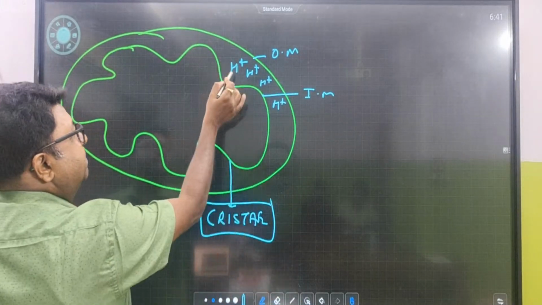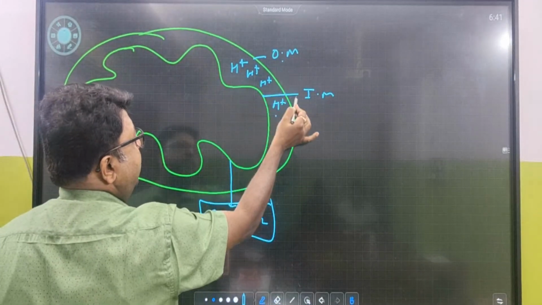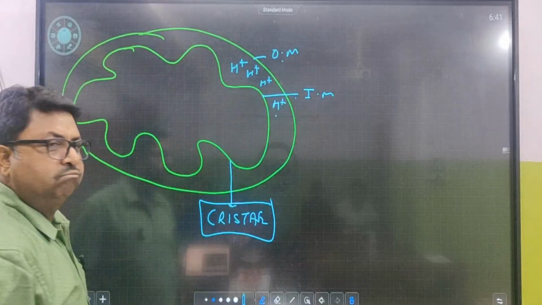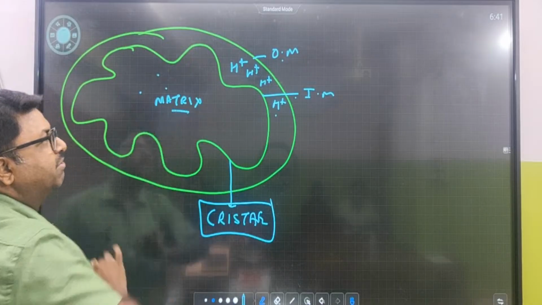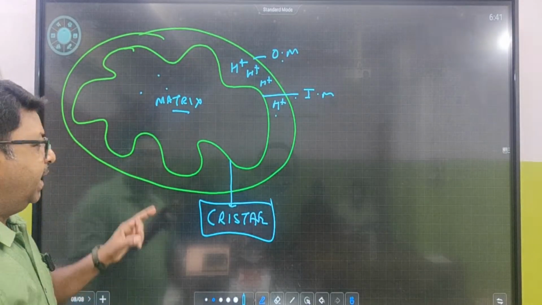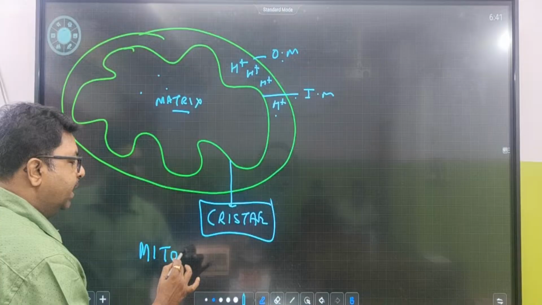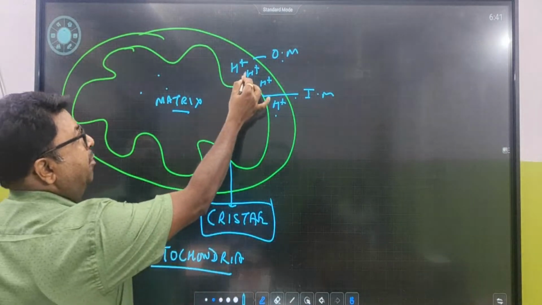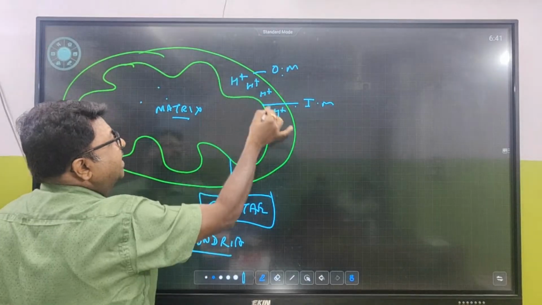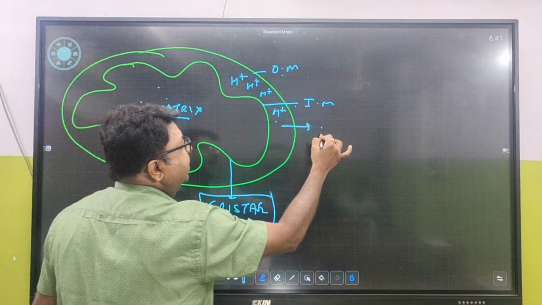This H plus ion is being stored here between the outer membrane and inner membrane. And this is called the matrix. So if this is mitochondria, you can see the hydrogen gradient is being made, a proton gradient.